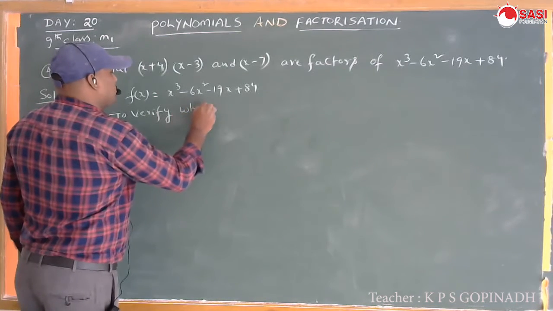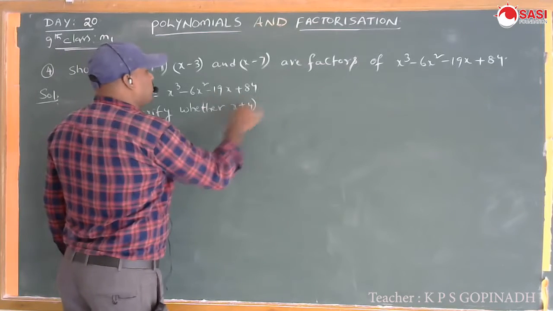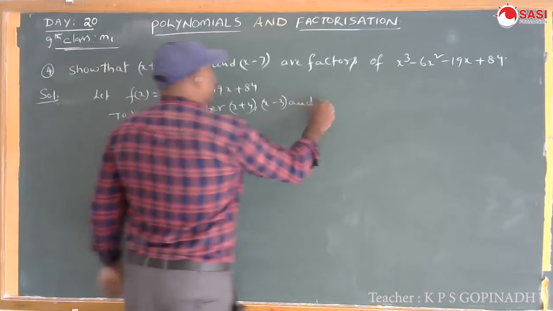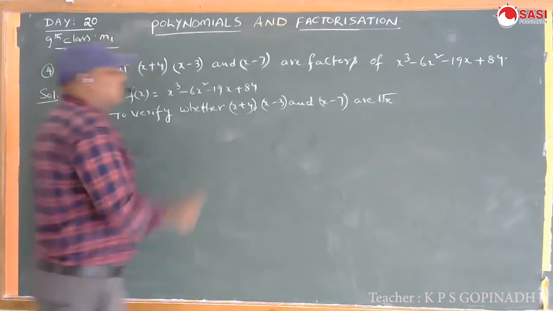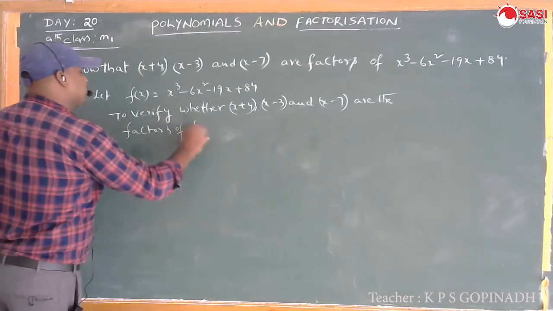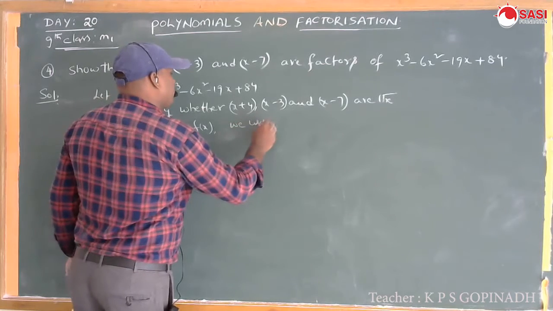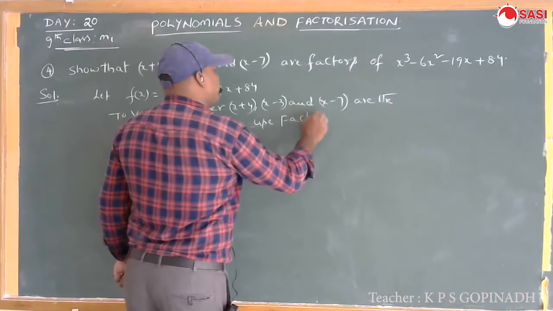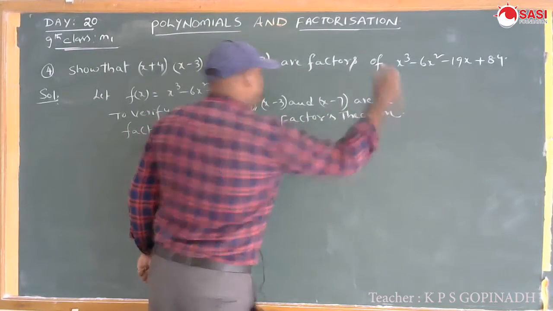So to verify whether x plus 4, x minus 3 and x minus 7 are the factors of f of x, we use factors theorem.